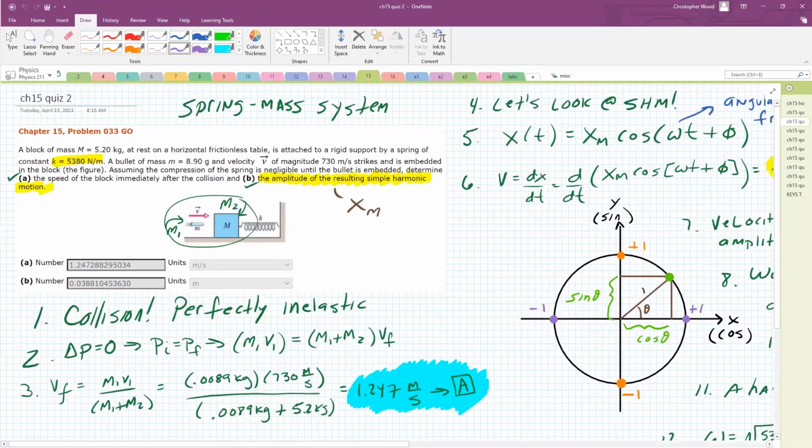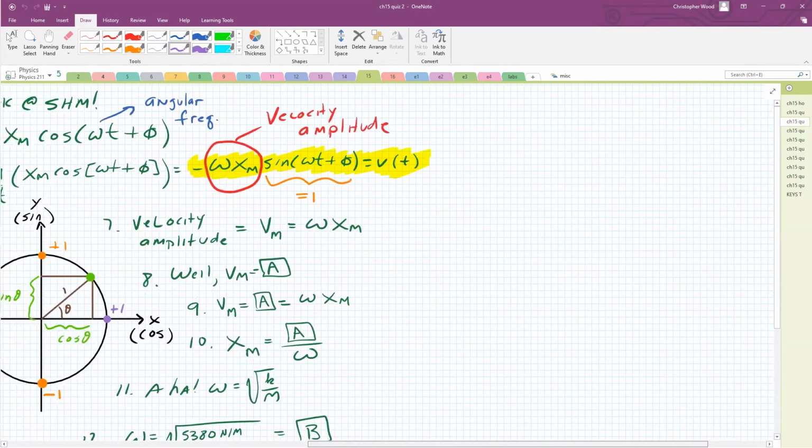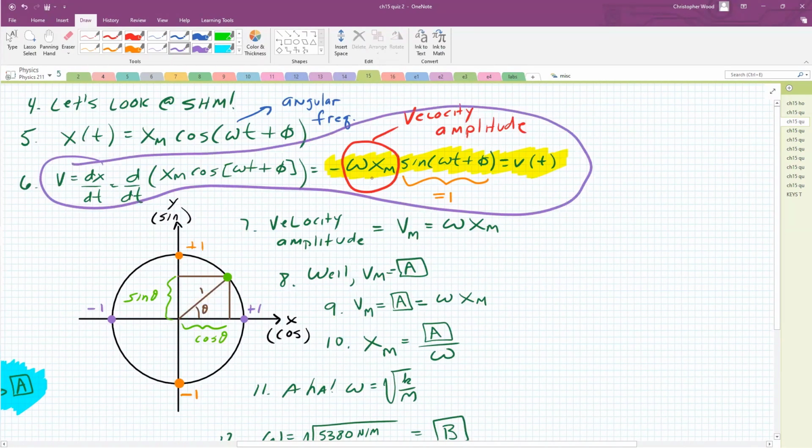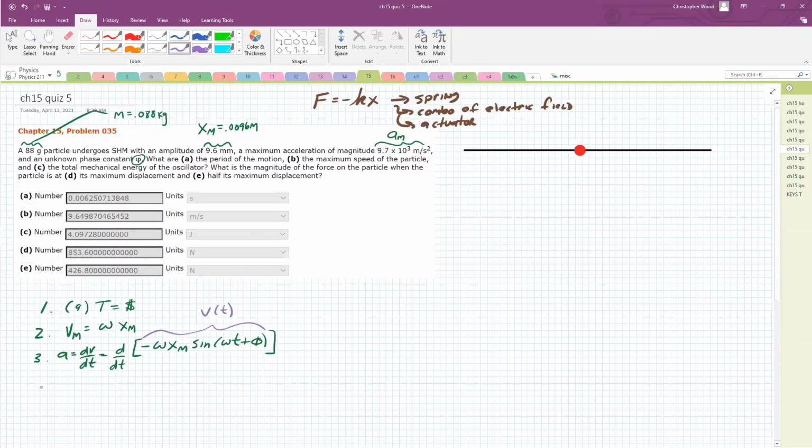Right here. This was the development of that. So I'm taking this velocity function right here, and if I take the derivative of it, that's going to tell me what the acceleration is.